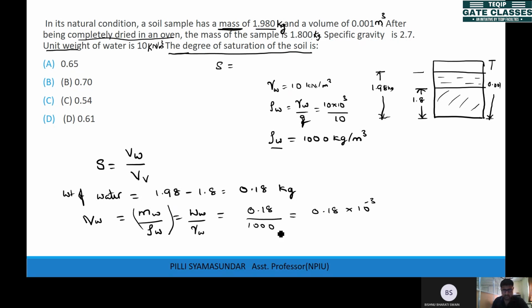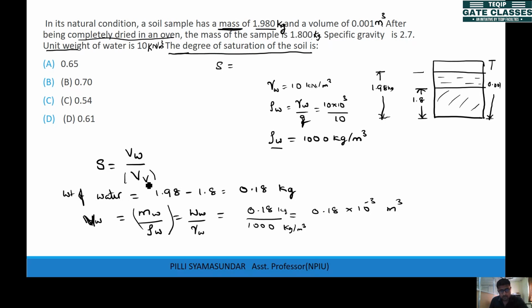This is in kg and 1000 is kg per meter cube, so this will be in meter cube. So 0.18 times 10 to the power of minus 3 meter cube. This is the volume of water. But I want the volume of voids.